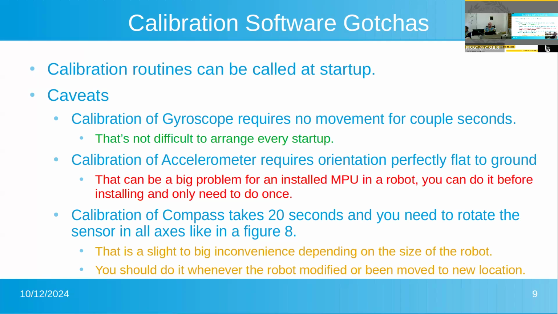That's a problem for an installed MPU in a robot, because a robot is never exactly level to the ground. You need that because you need gravity to be perfectly down for this calibration routine to function as it's designed.